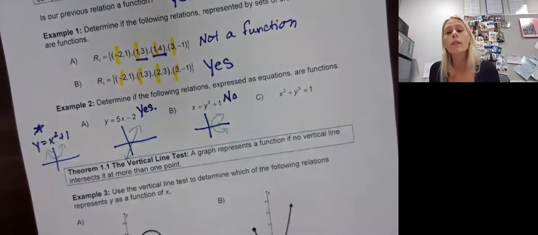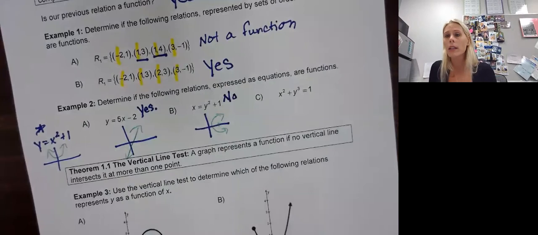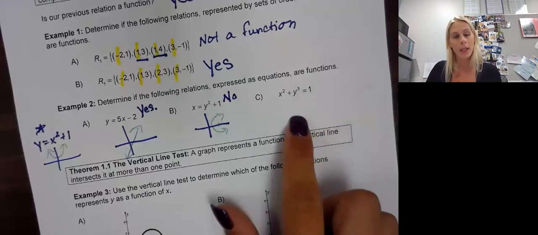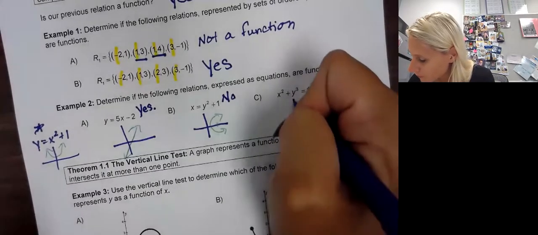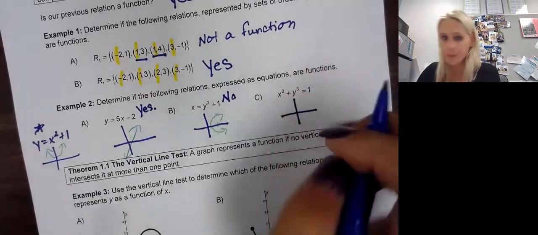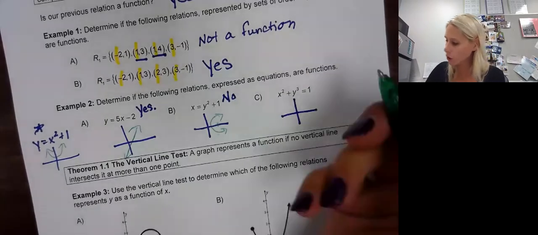Now, we don't have to worry about graphing on a graphing calculator because you are not allowed a graphing calculator. So if you want to know what the graph looks like quickly, you might have to make an XY table, okay? But I'm going to show you what this graph looks like, and then we'll determine if it's a function or not.